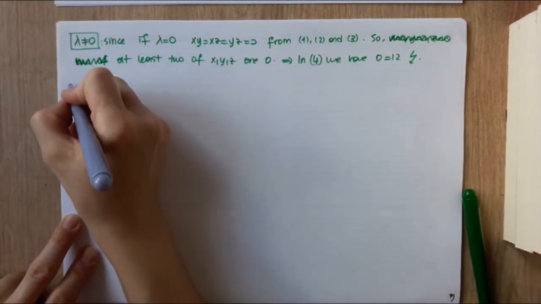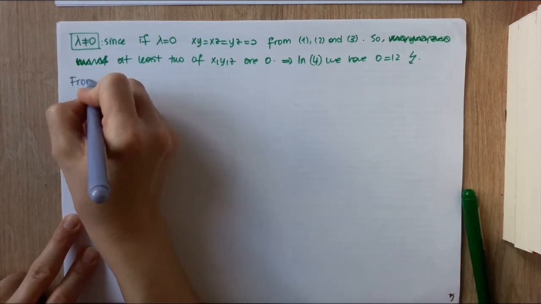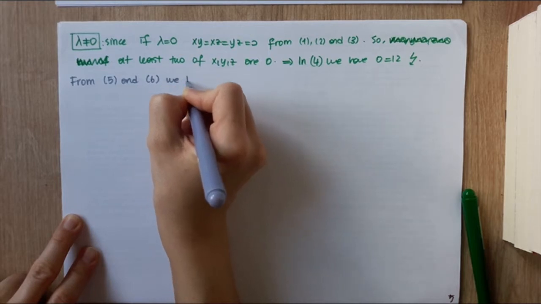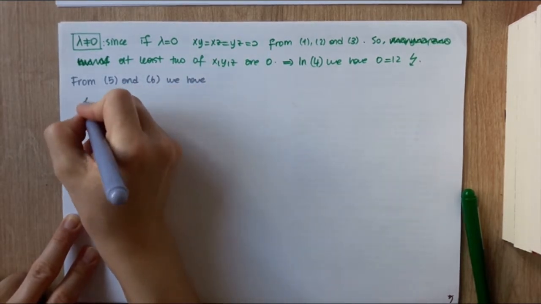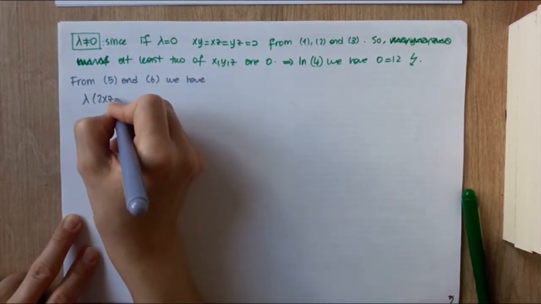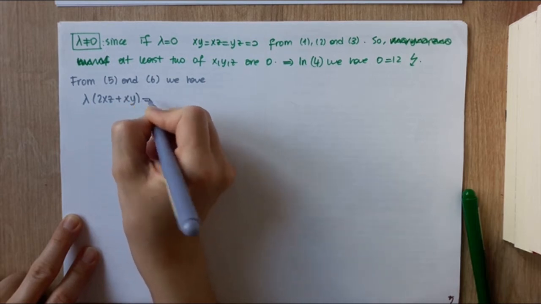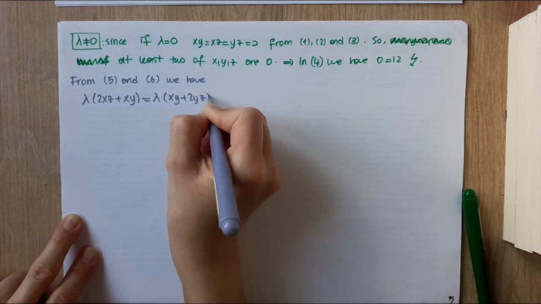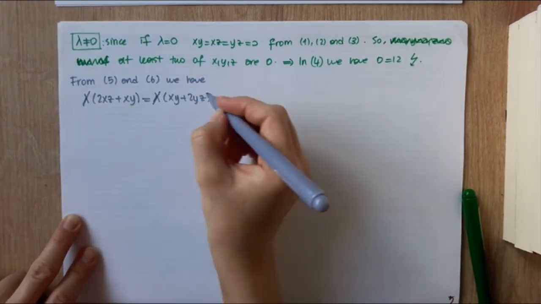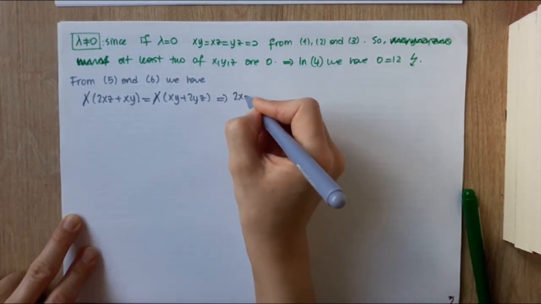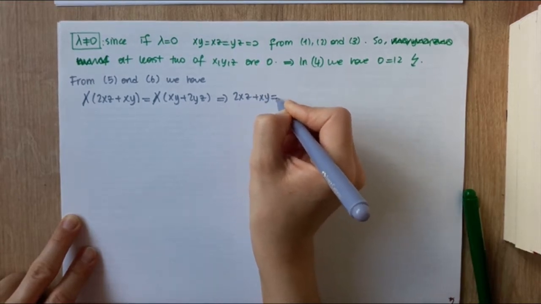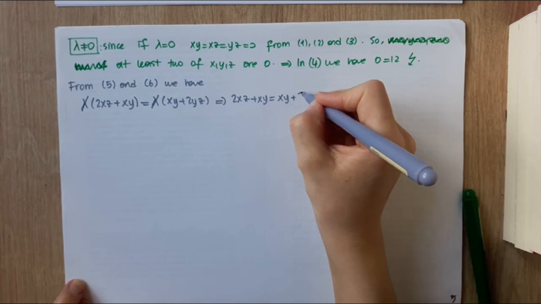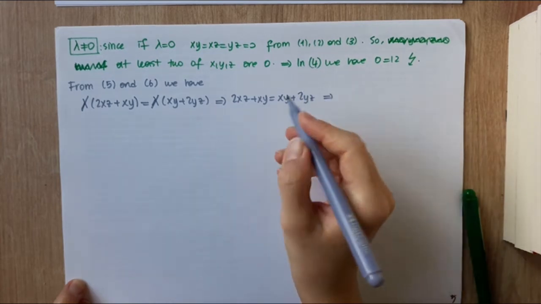Since lambda is not 0, from 5 and 6 we have lambda(2xz + xy) = lambda(xy + 2yz). Because lambda is not 0, I can cancel it. So I have 2xz + xy = xy + 2yz.